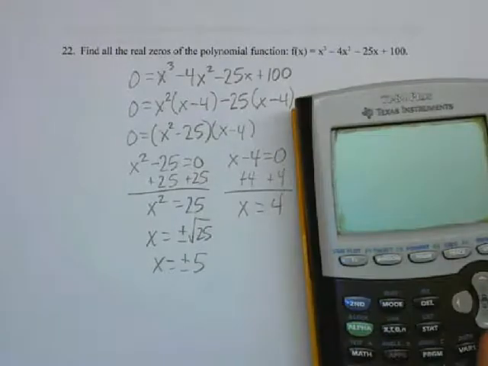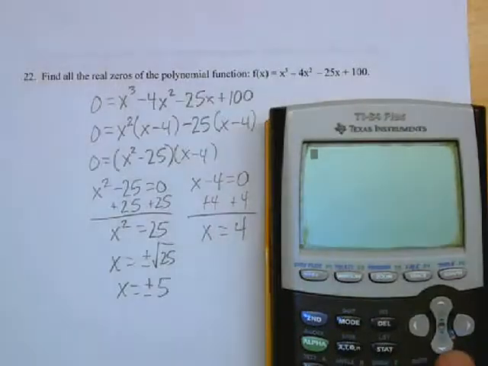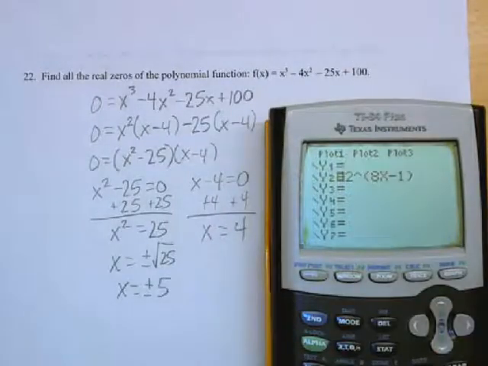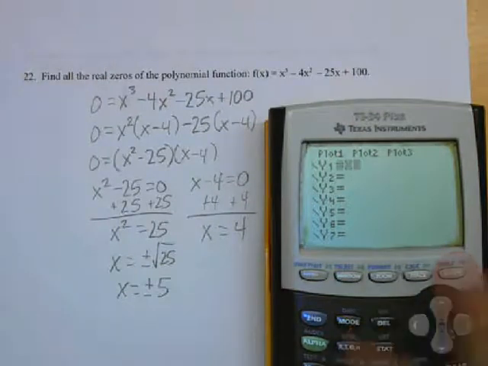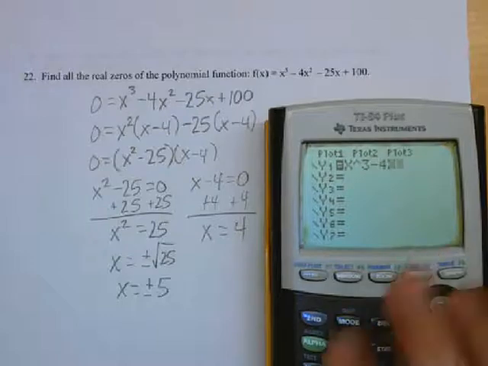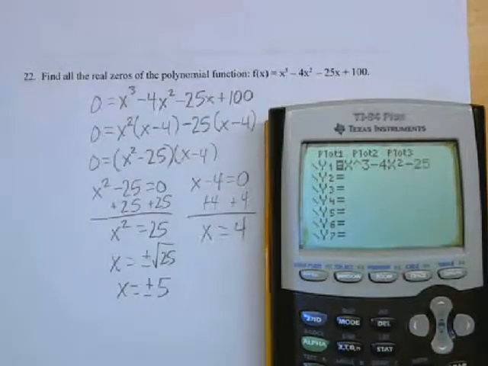On the calculator, if we graphed it, x cubed minus 4x squared minus 25x plus 100.